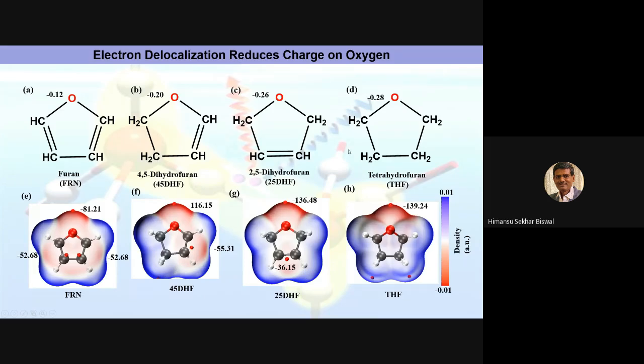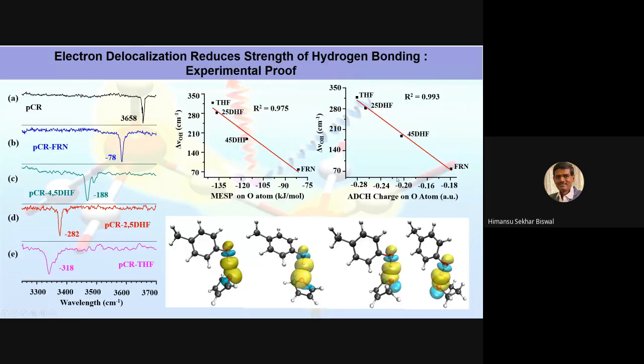This one I have already explained. If you have more delocalization, then the electrons on the oxygen will be less available for hydrogen bonding. You will have less hydrogen bonding and less redshift. So if you consider this, furan will be the least, and tetrahydrofuran will have the maximum redshift in the OH stretching frequency. That's what we did, and we found it.